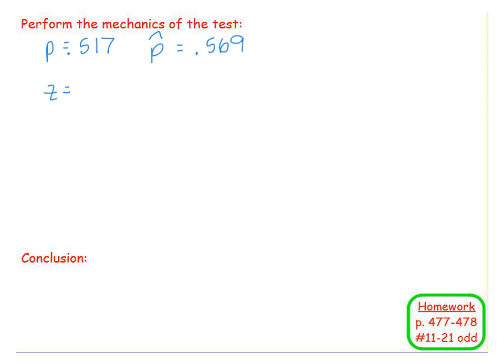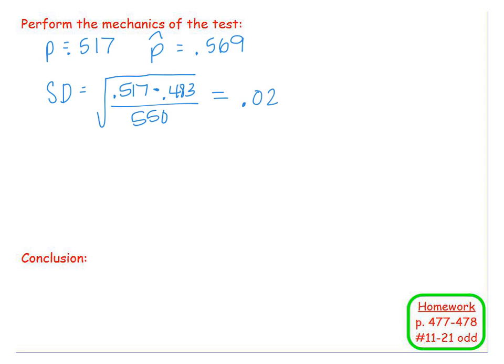I'm sorry, we have to find our standard deviation. So we're taking the big square root of 0.517 times 0.483 divided by our sample size of 550. And if you round to two non-zero digits, you get 0.021.